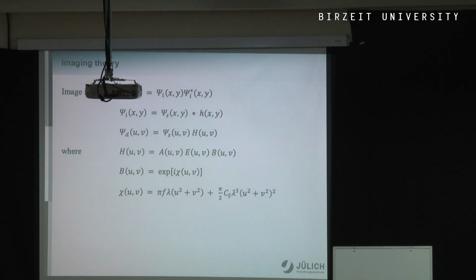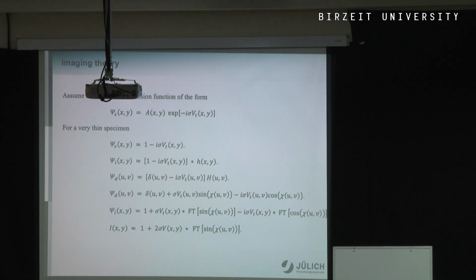How does this affect the image intensity? Well, for a very thin sample, which can be regarded as a phase object that changes the amplitude and the phase of the electron wave, it changes the phase of the electron wave approximately proportional to the electrostatic potential of the atoms inside the sample.